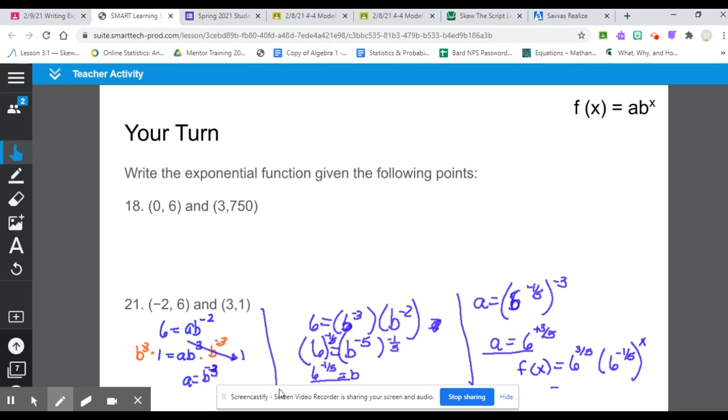Or I can combine it, so that equals 6 to the 3/5 power times 6 to the negative x over 5. Right, I'm just multiplying the two together. I'll make this look more x-like. There we go. And that will be our final answer right here.